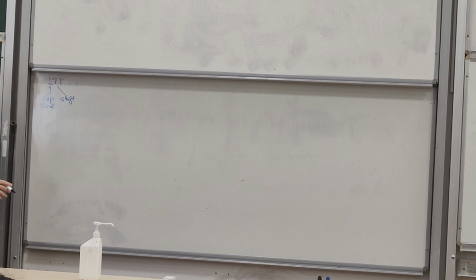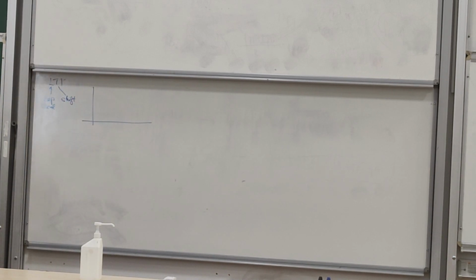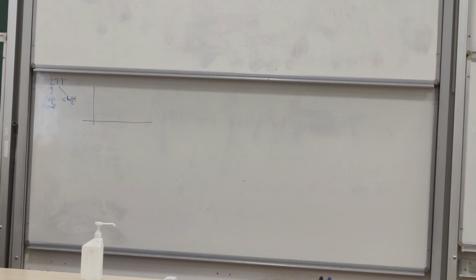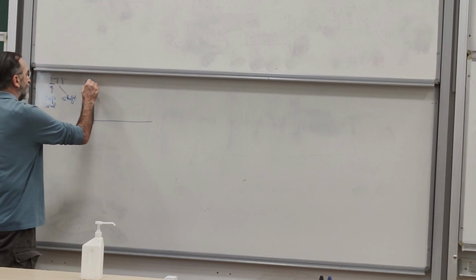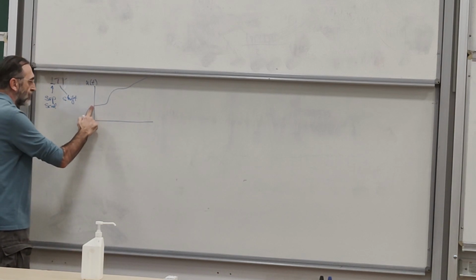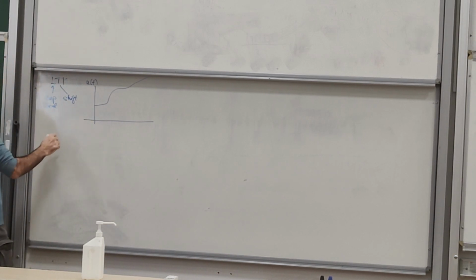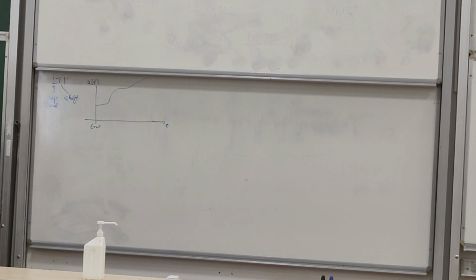So if I consider an input, any arbitrary input, not a formal basic input like the delta or the unit step, any arbitrary input, u of t, and let's say that it goes like this, starting from t equals 0 all the way to t equals whatever.